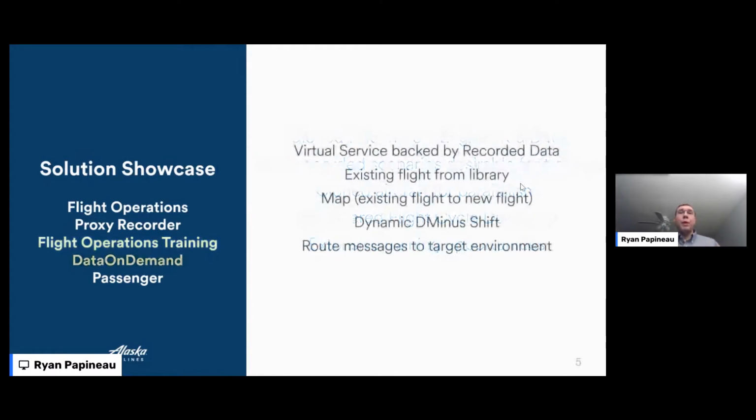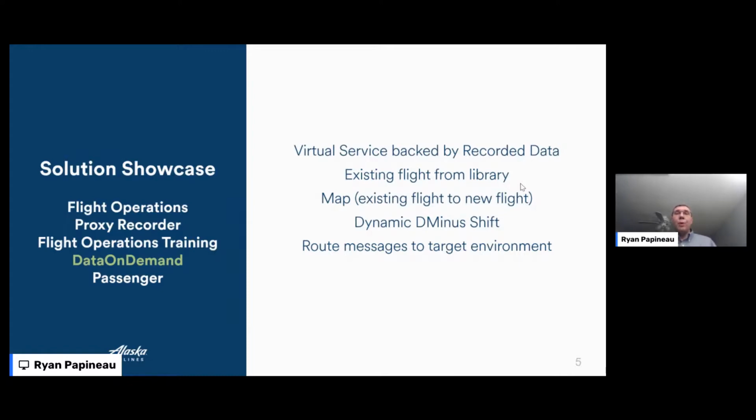Okay, we're building up on this capability. So our automation team is like, hey, I'm seeing you're doing this recording, you're giving us consistent data in this one environment. I now see you scaling that data to solve these other problems in the other environment. Can you give us the capability where you can just give me data on demand? If I give you a request saying I want this flight and I want it in this D-minus state, D-minus is departure minus minutes from when it's going to depart, and I want it in this specific environment.